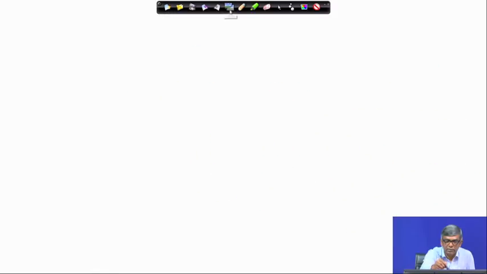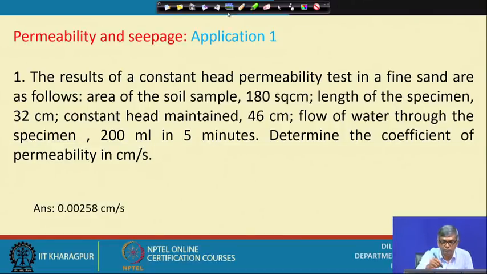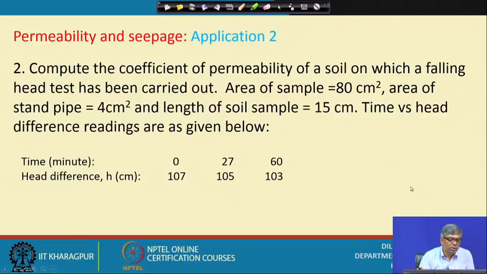Now, let us go to the second problem, application 2. Compute the coefficient of permeability of soil on which a falling head test has been carried out. Area of sample 80 centimeter square, area of standpipe 4 centimeter square, and length of soil sample 15 centimeter.